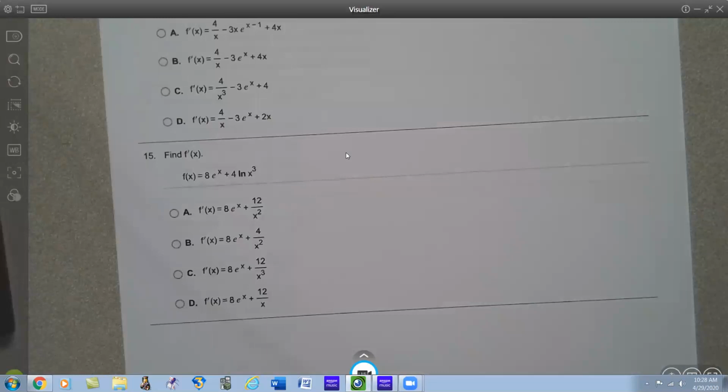Write down what you think, what letter it is. Y'all have an answer? Do you have D? Yep. D is the answer. Let me do it real quick.